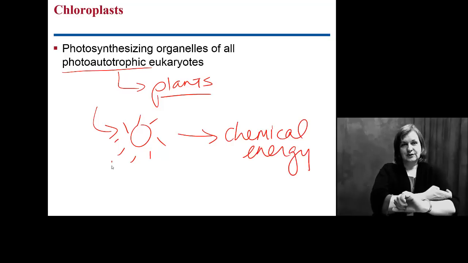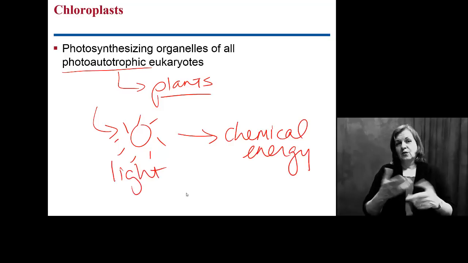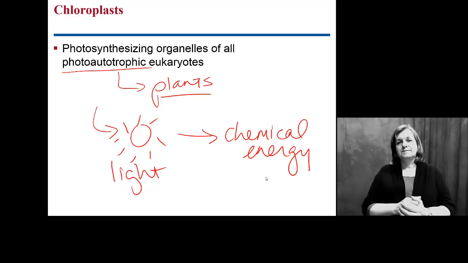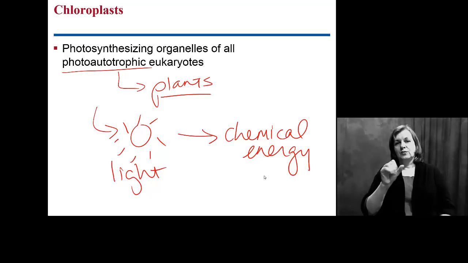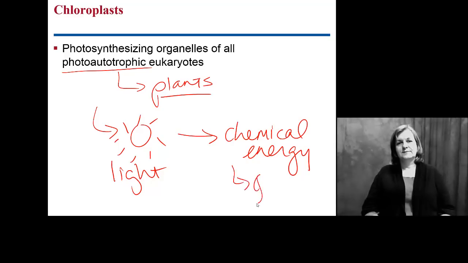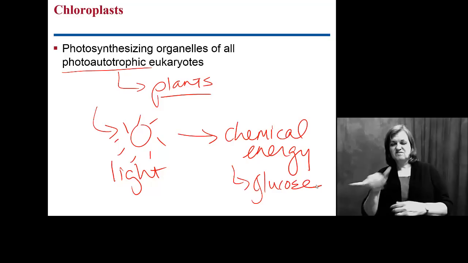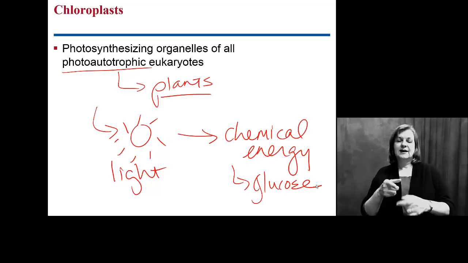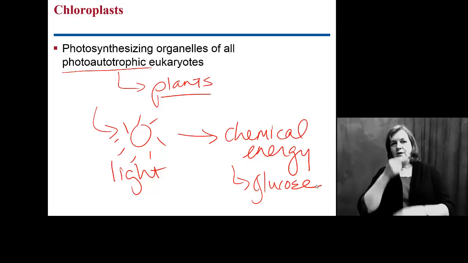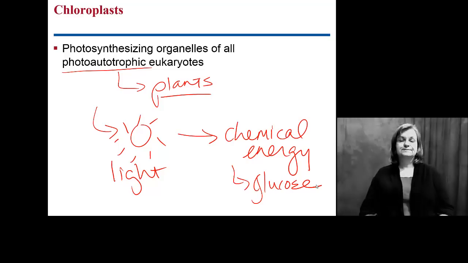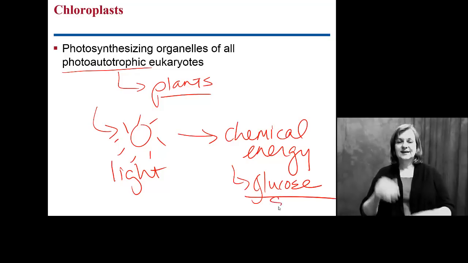So taking light energy and converting it into chemical energy. The chemical energy that plants are going to convert it into is glucose. So when we look at chloroplasts, they have a very similar structure. They are very energy intense organelles. They just don't make ATP. They make glucose or sugars.